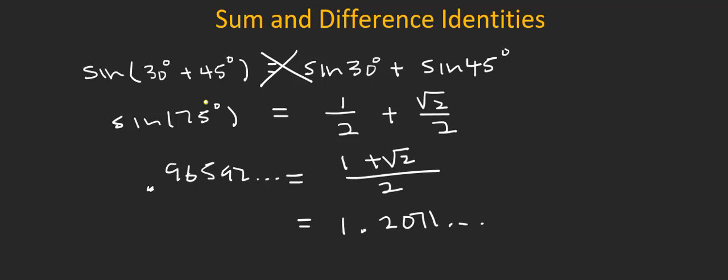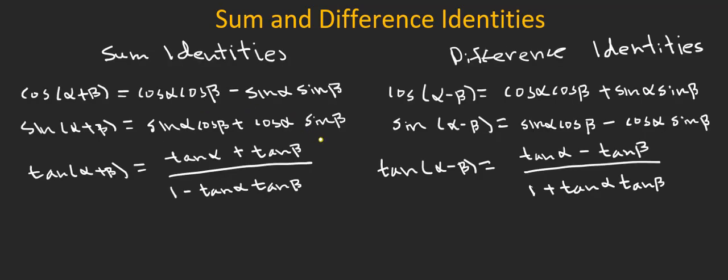So what can we do? How can we solve sine of quantity 30 plus 45? We have formulas for sum and difference identities. For example, cosine of quantity alpha plus beta is equal to cosine alpha, cosine beta minus sine alpha, sine beta.